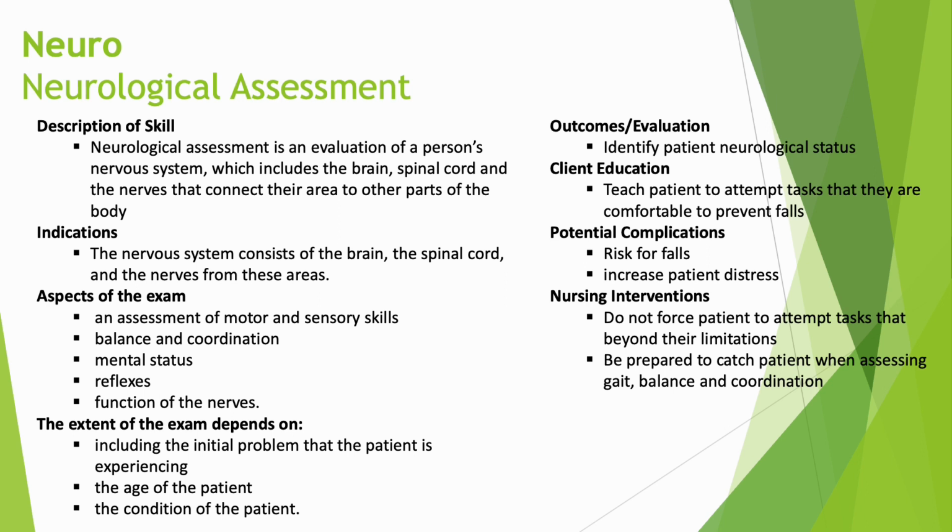Maybe we're going to say if a patient is not alert and oriented to person, place, and time, they're going to be at increased risk for falls. Maybe that's where we're going with the angle for this type of question. I've never seen a question about don't force a patient to attempt tasks beyond their limitations, but I like that. I like that a lot because you shouldn't.